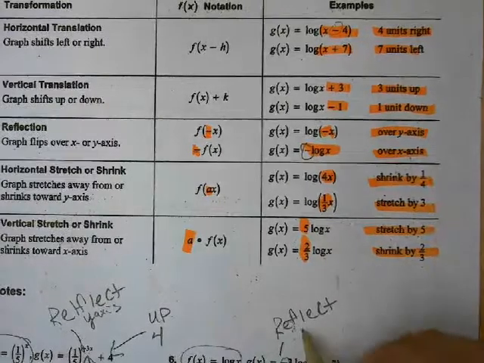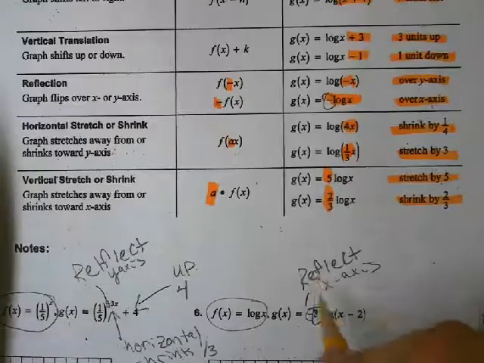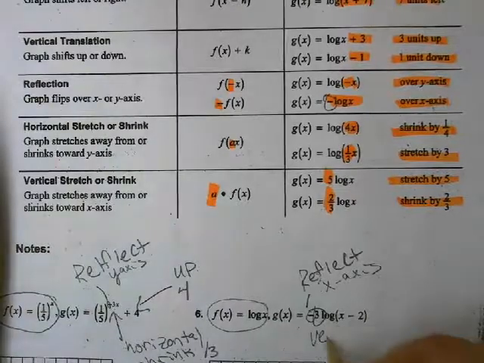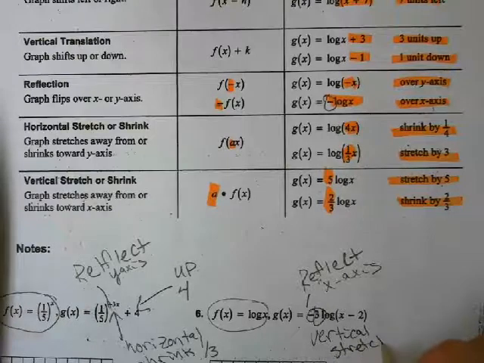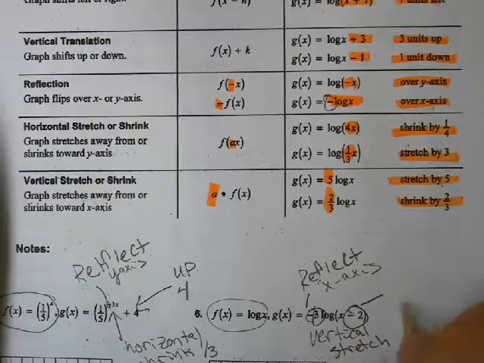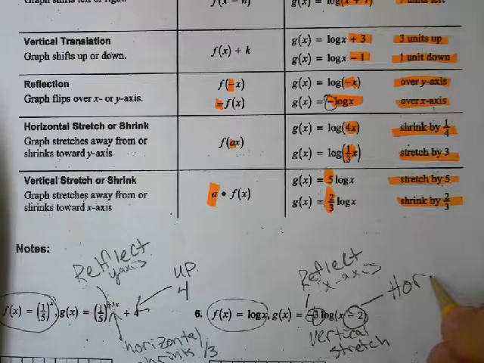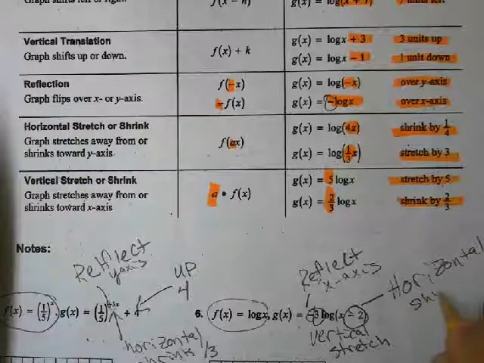X-axis, right. This 3 makes it a vertical stretch. And then this negative 2, that's just going to be a horizontal shift of how many?